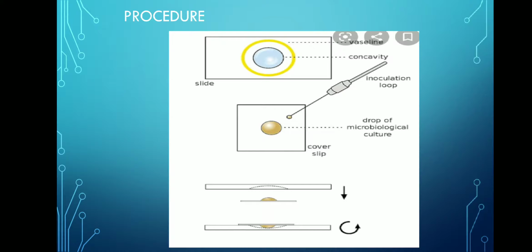Then reverse the slide and focus the edge of the drop with the help of the 10x objective lens of the microscope. Then switch to the 45x, the high power objective lens. Then observe the motility of the bacteria.